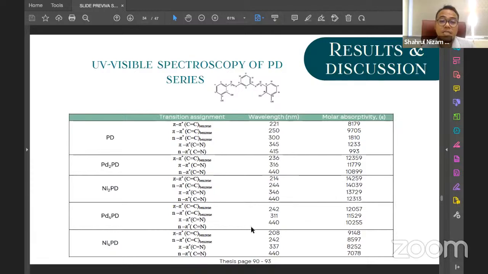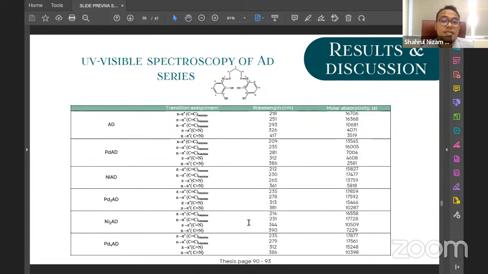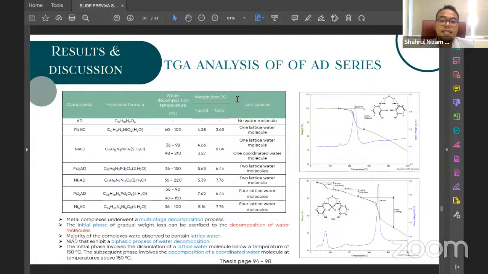So these are for some other series. For the TGA analysis, we just want to know how many waters there are. For PDAD, there is one lattice water. For PD2AD, there are two lattice waters. For PD4AD, there are four lattice waters, and I4AD also has four lattice waters.